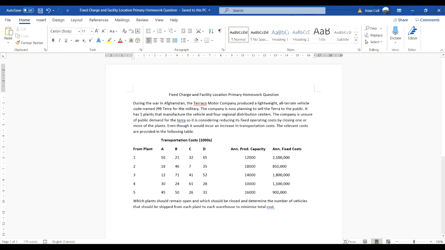Hello everyone. Today what we're going to do to begin is discuss our homework problem from the last session. Now this problem was difficult because it wasn't anything you'd seen before.